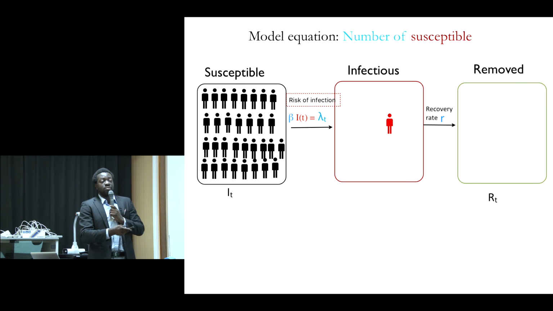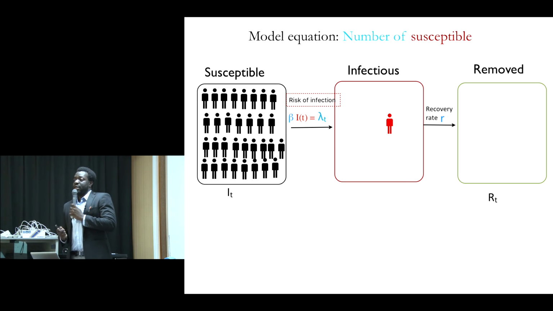In that way we can predict the risk of infection. The risk of someone who is here becoming infectious is generally noted lambda t. It is the transmission probability times the number of people who are infectious.